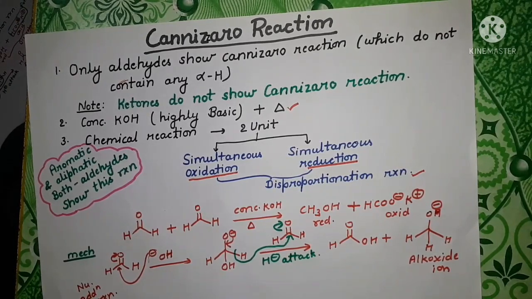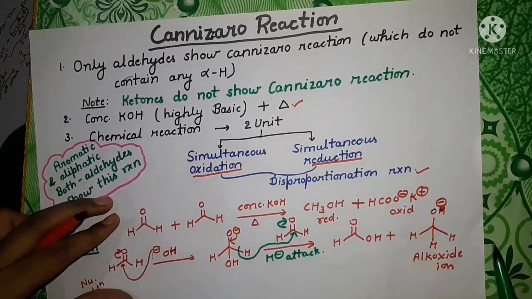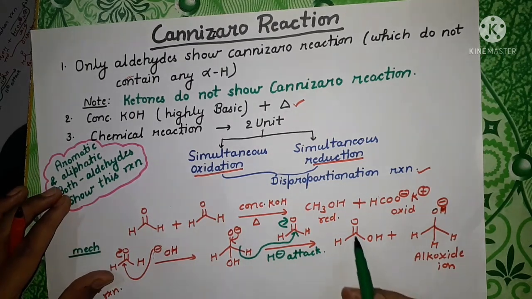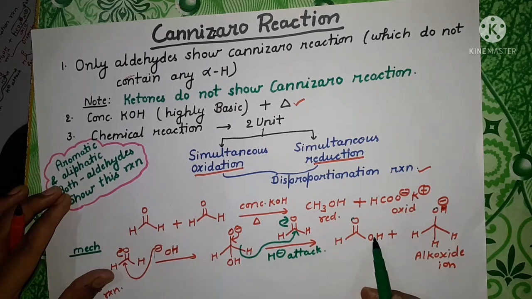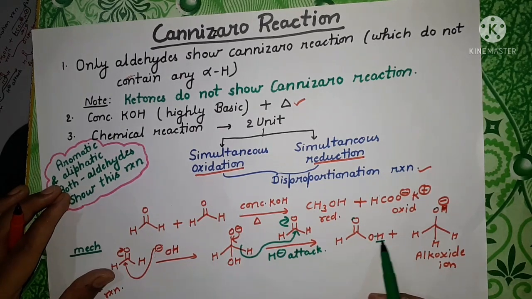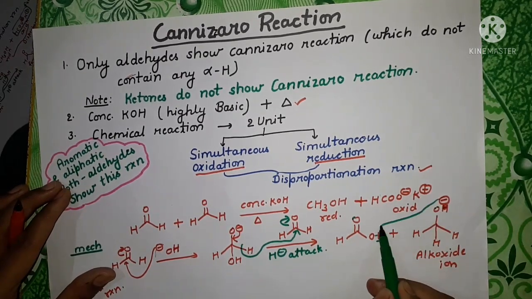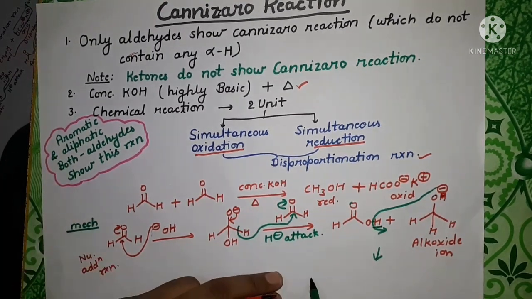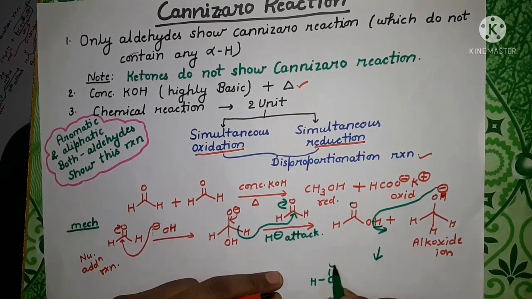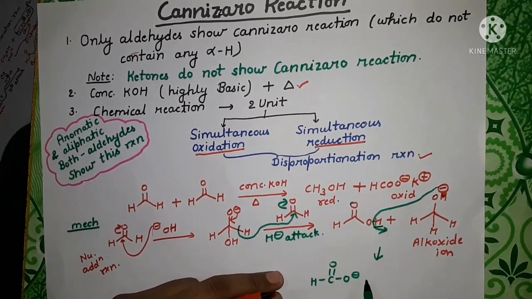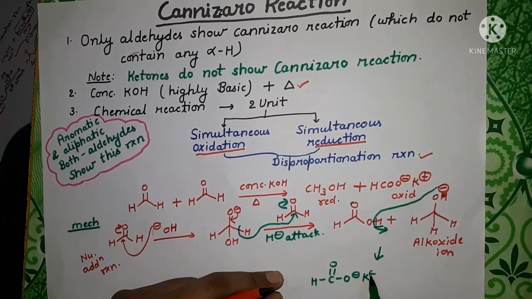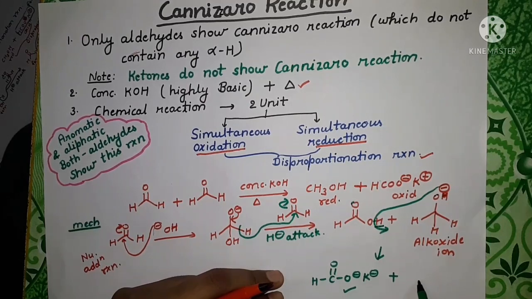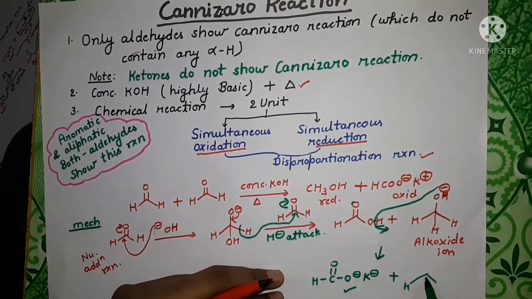For getting stability, it will abstract the more acidic proton. As we see, the more acidic proton is present in formic acid. So this acidic proton will be abstracted by the alkoxide ion, and we finally get the salt of the carboxylic acid, and this is a formate, and this is the alcohol we get.